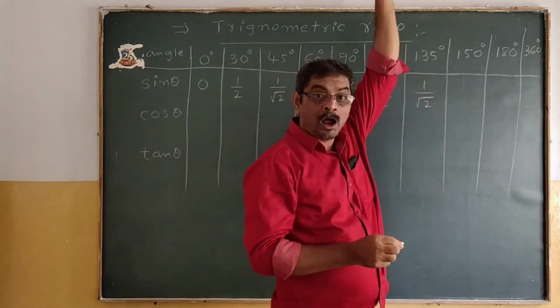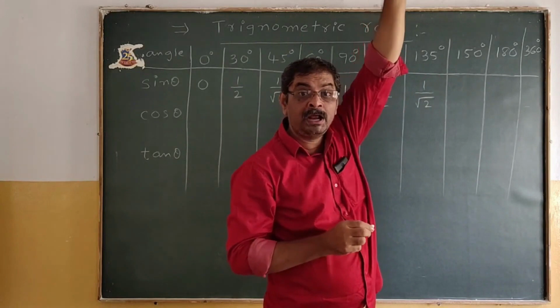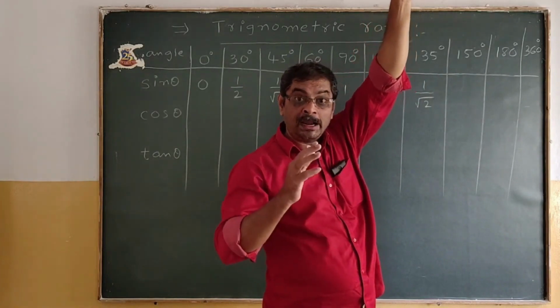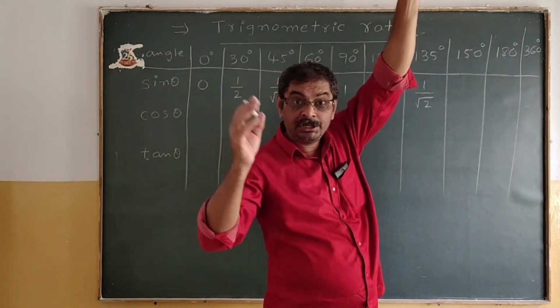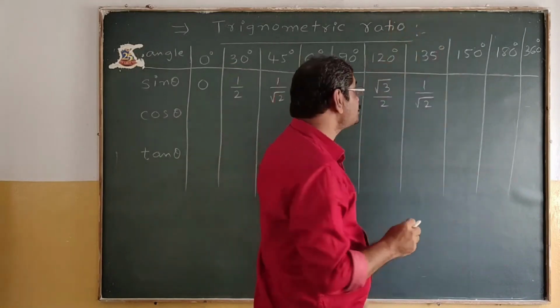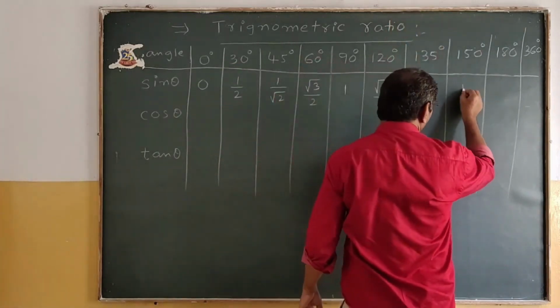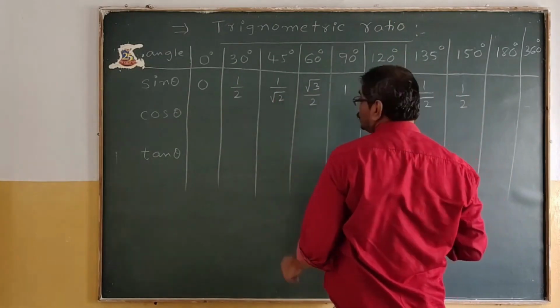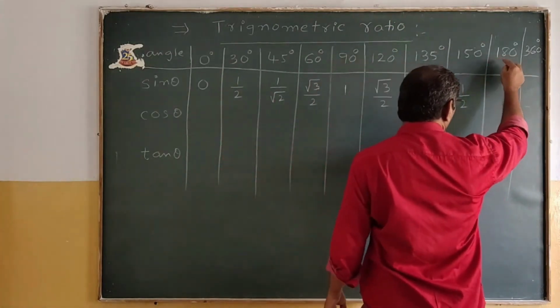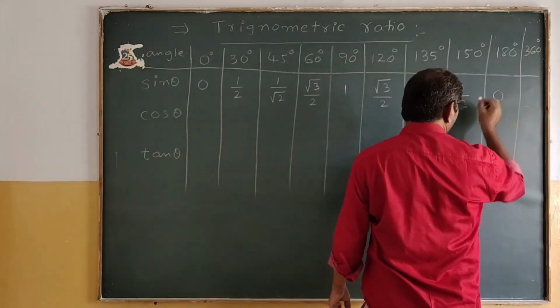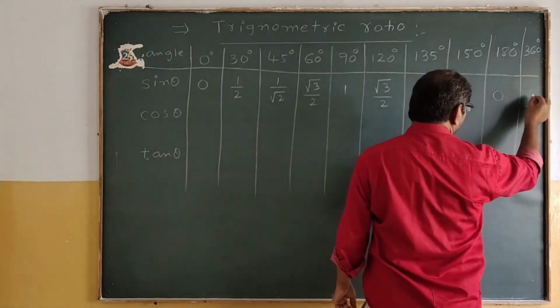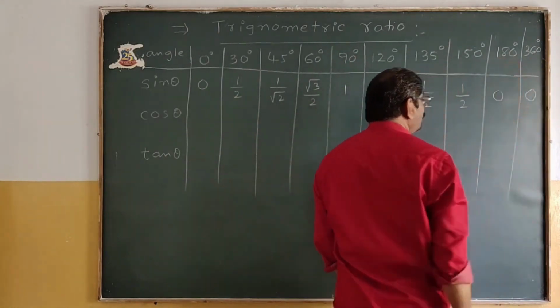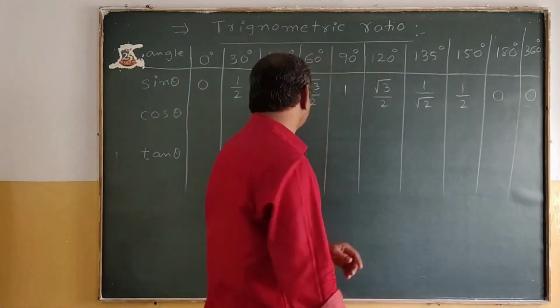Sin 150 degree will be sin of 90 plus 60 degree, that will be cos 60 degree, that will be equal to 1 by 2. Sin 180 degree will be 0. Sin 360 degree will also be equal to 0.